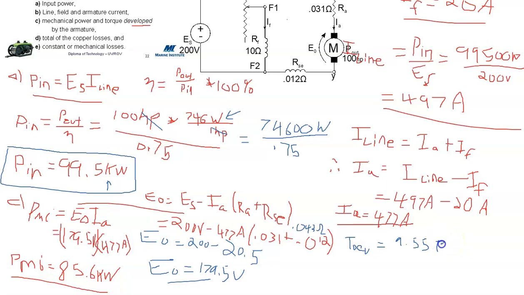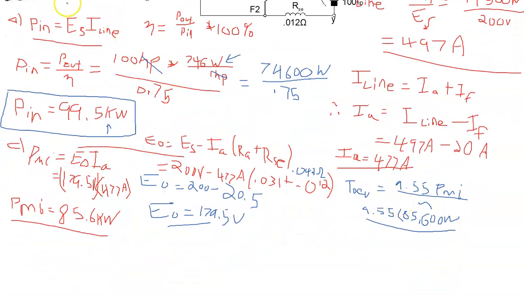And so PMI here, we have 9.55 times 85,600 watts, divided by the speed, which was given to us in the problem as 600 RPM.